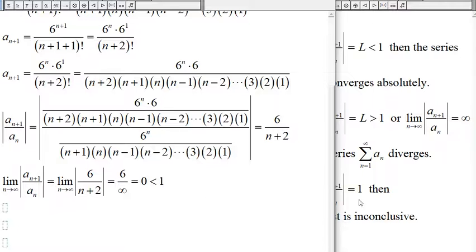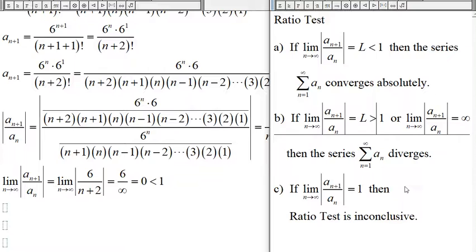And so we have shown that the limit of the ratio a sub n plus 1 divided by a sub n is less than 1. And that's what the ratio test calls for. So we can show that the limit of a sub n plus 1 divided by a sub n is equal to a real number less than 1.